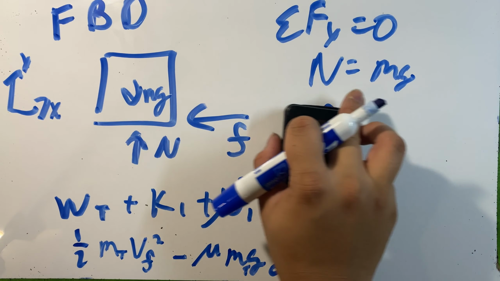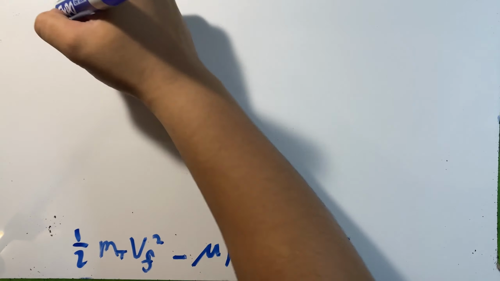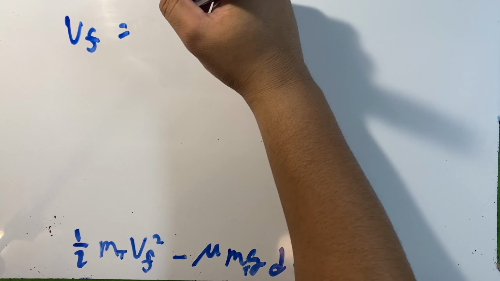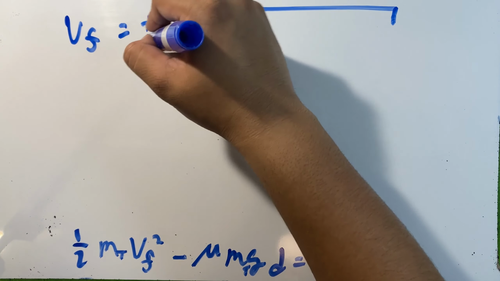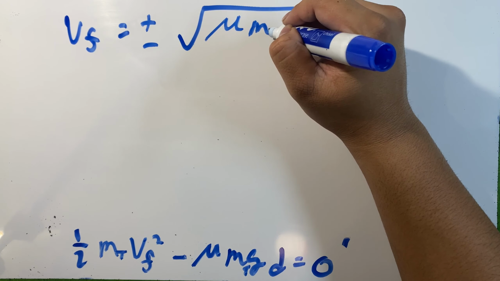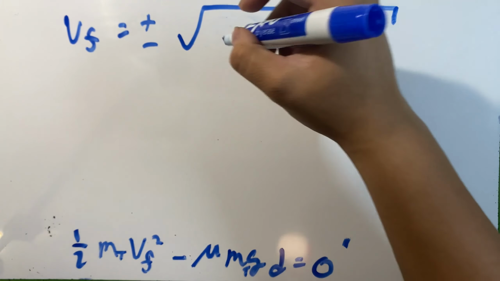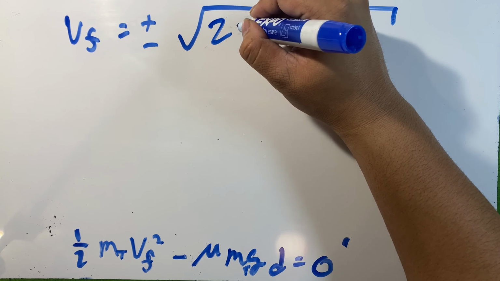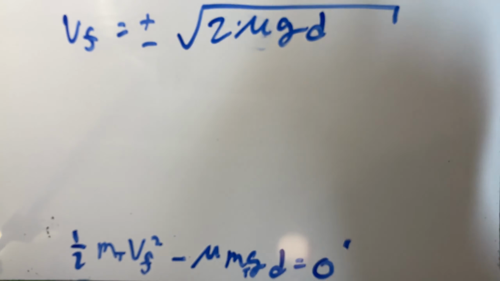So when that happens, we can solve for v final. So v final is going to be the square root, well technically it's going to be plus or minus, but we'll see in a bit, the m total actually cancels out when we bring it to the other side, so it becomes 2 mu g d.